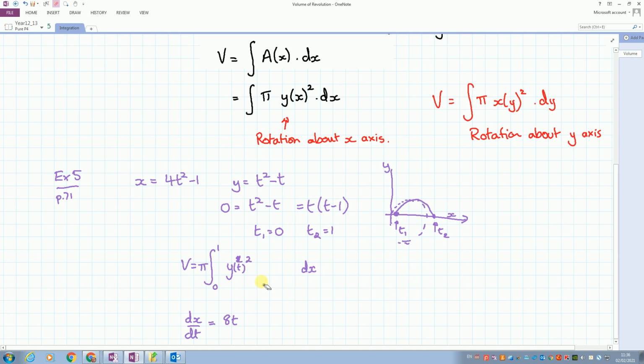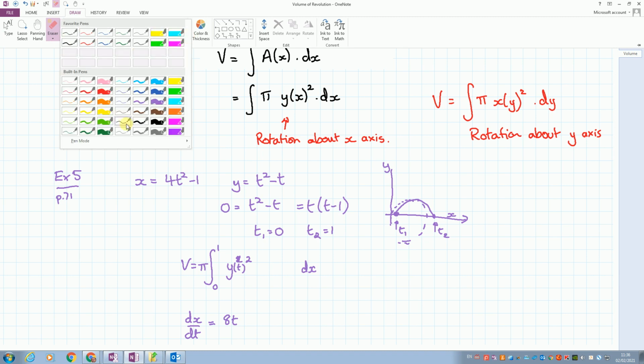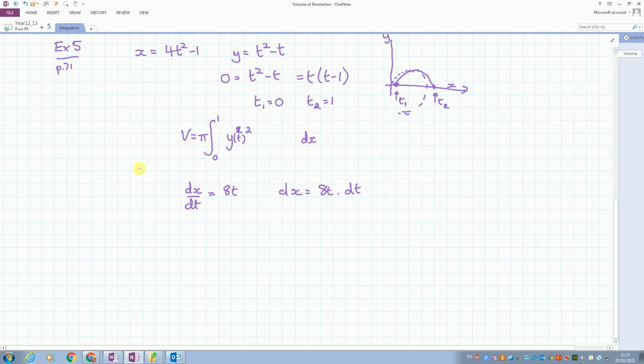And we replace dx now by rearranging: dx is equal to 8t with respect to t. So I'll put this into my formula and replace everything we've got.